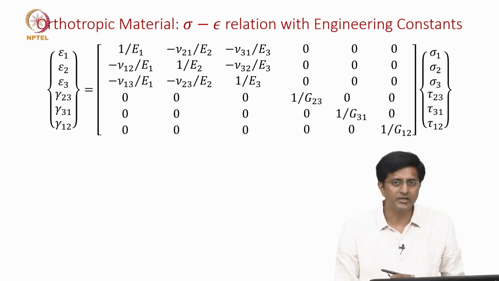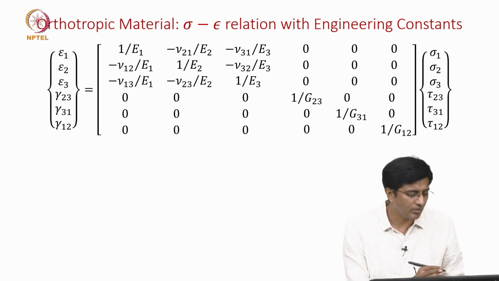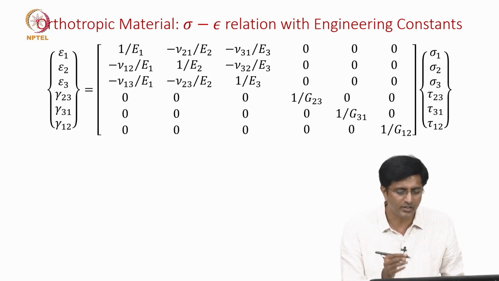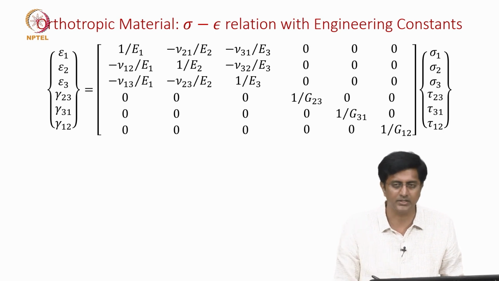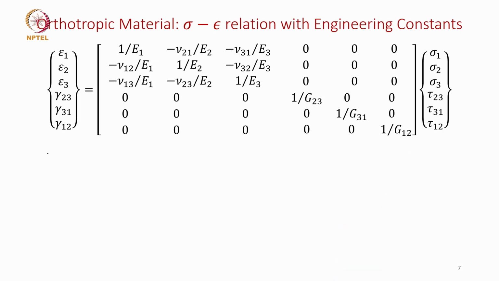In the previous slide we have seen for the orthotropic material how we can write in terms of the engineering constants, which is again shown in this slide here. Let us say we are talking about the transversely isotropic material.